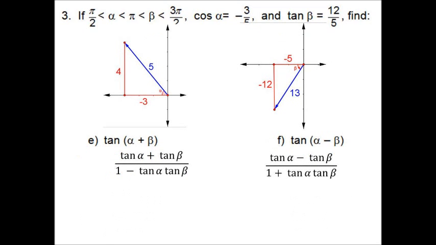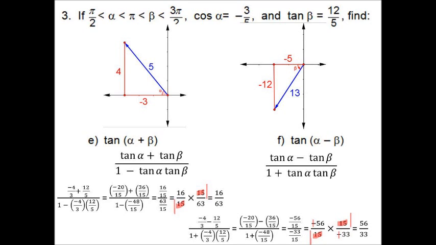Then if we look at our tangent sum and difference, again, the difference between those two identities are the operators. One has addition on the top and subtraction on the bottom. The other one has subtraction on the top, addition on the bottom. So we'll just fill in what we know.